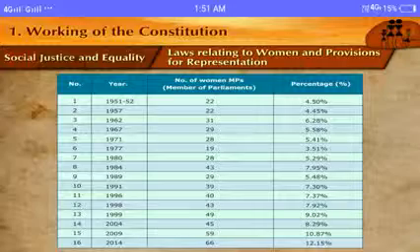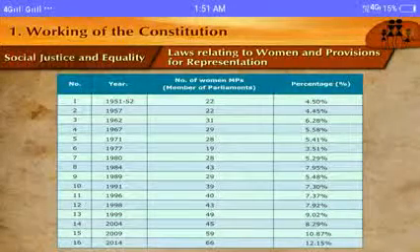The chart gives us the detailed description of the representation of women in the Lok Sabha.